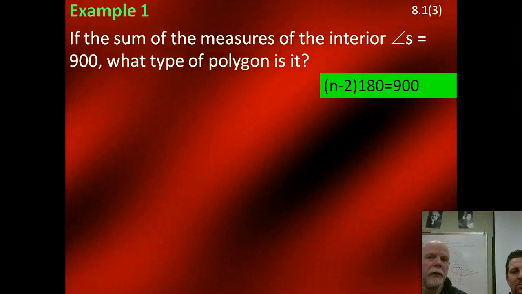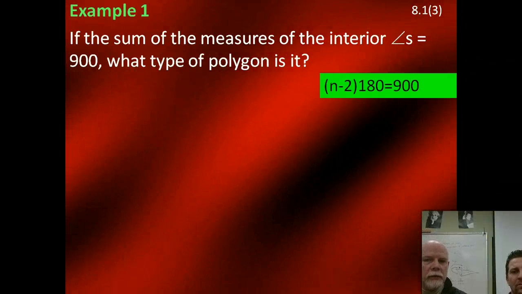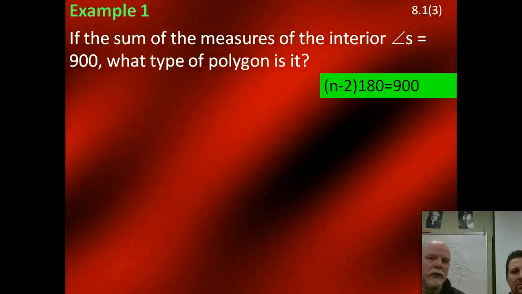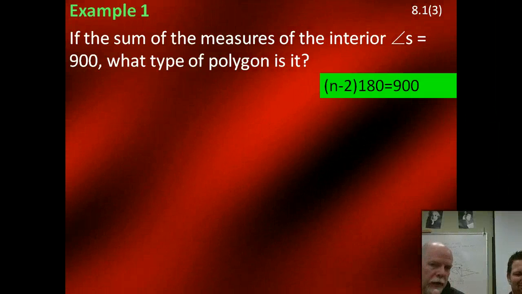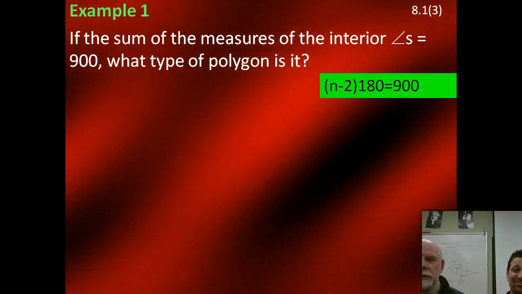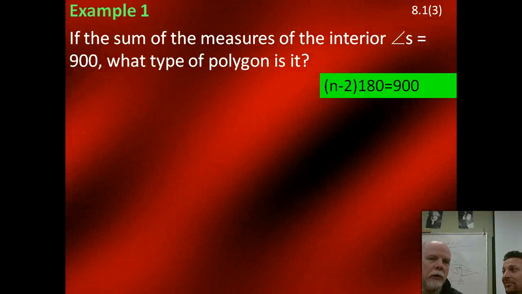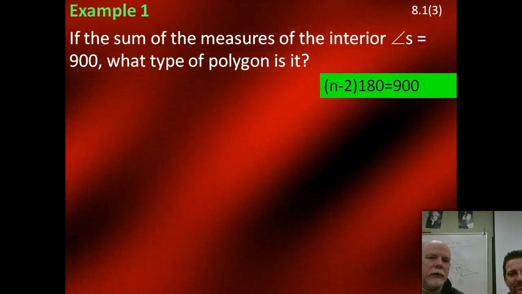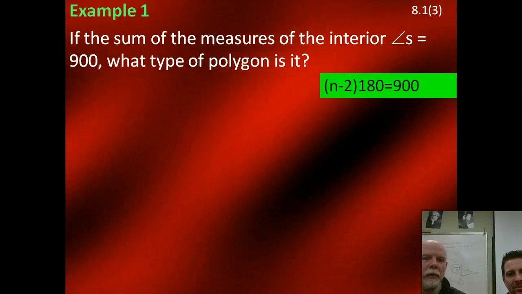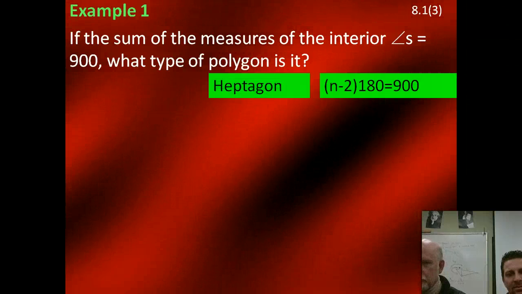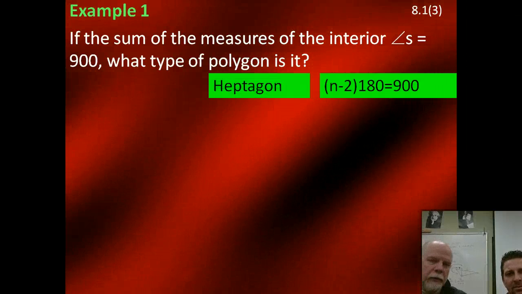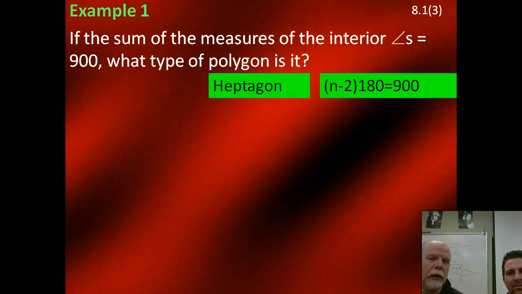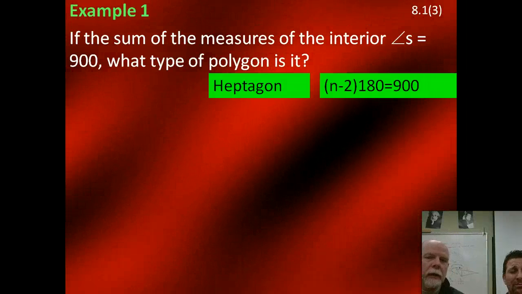So n minus 2 times 180, we're going to set that equal to 900 because that's what they told us they add up to. To solve this equation, you could distribute the 180 and make it 180n minus 360 and then solve from there, but that would just take too long. So just divide both sides by 180 to get rid of the 180 on that side, and you're going to end up getting 5.